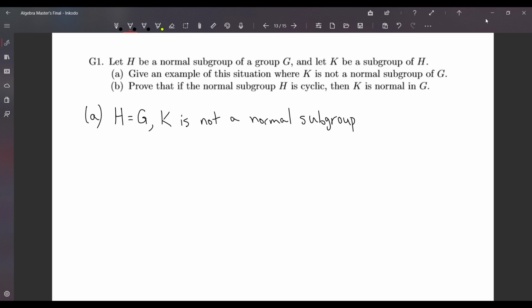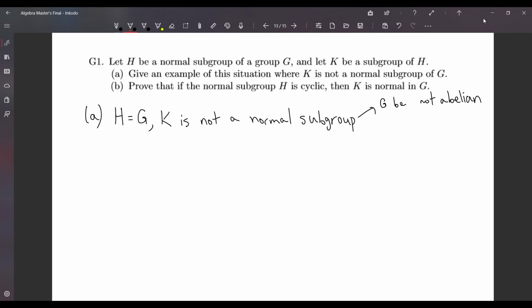For this to happen, we would need G to be not abelian. Okay, my program is flashing for some reason. We would need G to be not abelian, because if G is abelian, then every subgroup is going to be normal. So for our example, we have to pick G not abelian.